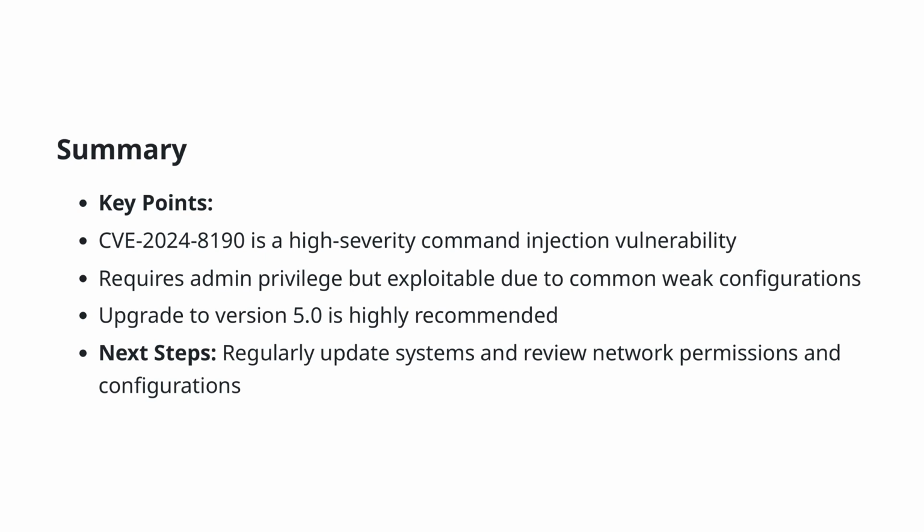As a part of proactive management, it's important to not only perform these upgrades, but also to establish a routine for regularly updating systems. An additional point to consider is consistently reviewing network permissions and configurations to ensure any vulnerabilities are addressed promptly. Adhering to these practices strengthens your overall security posture.